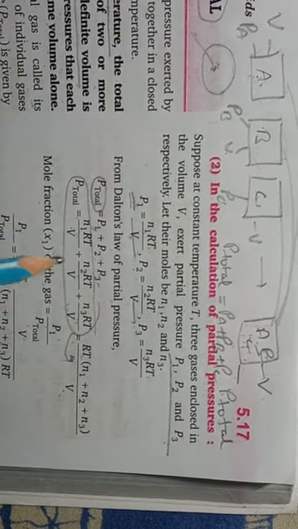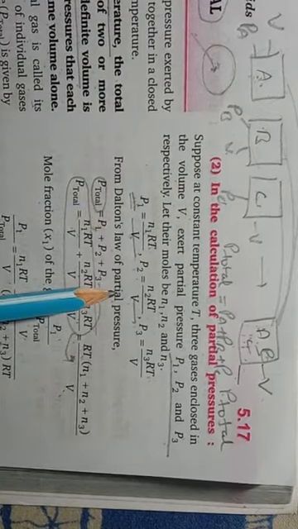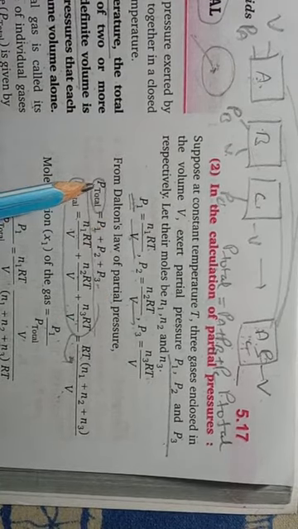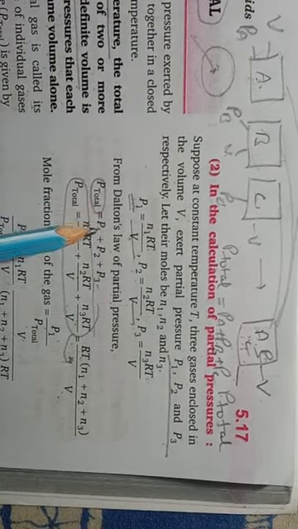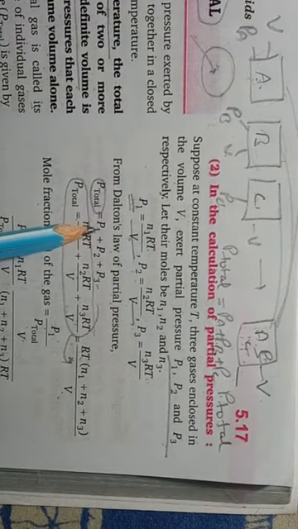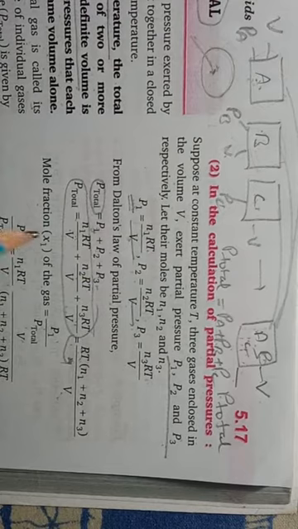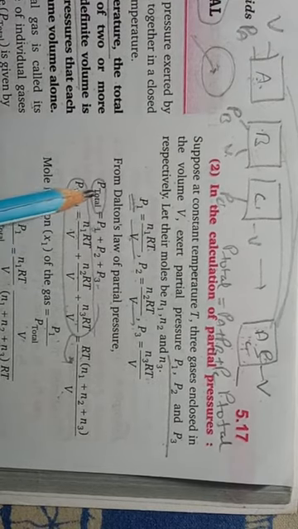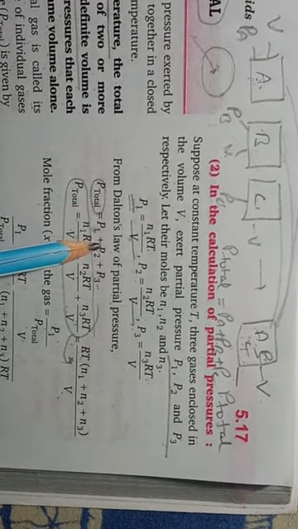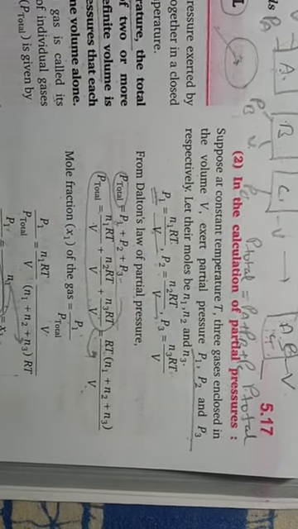Now, according to Dalton's law, the total pressure of the mixture of gases will be equal to the sum of the partial pressures of the different gases, meaning P total will be equal to P1 plus P2 plus P3.